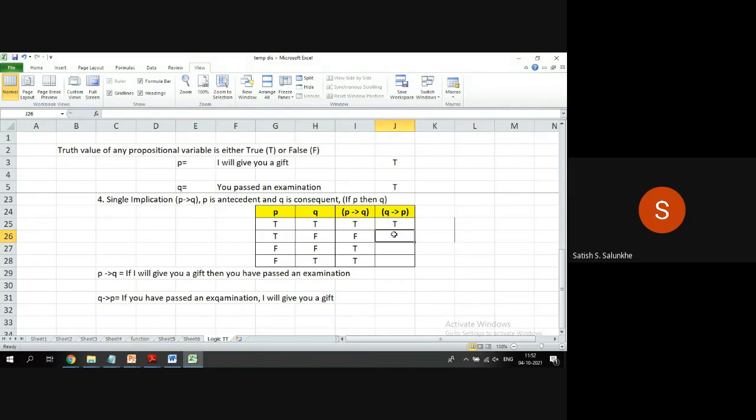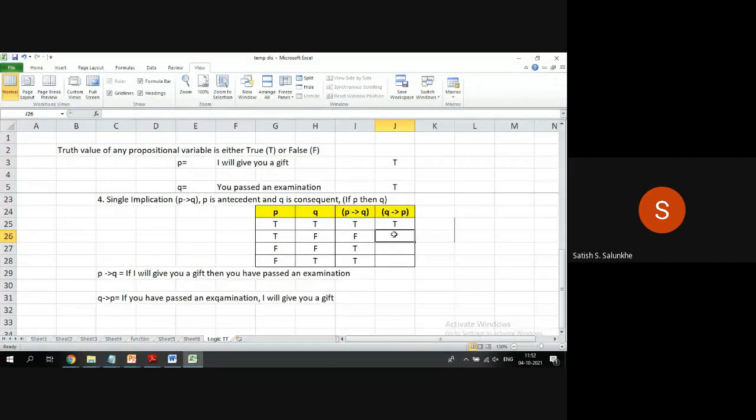You have not passed an examination and I am not giving you a gift. Still, the promise is not violated. You have not passed an examination and I have given you a gift. The promise is not violated, because the promise gets violated only when you have passed an examination and I am not giving you a gift.